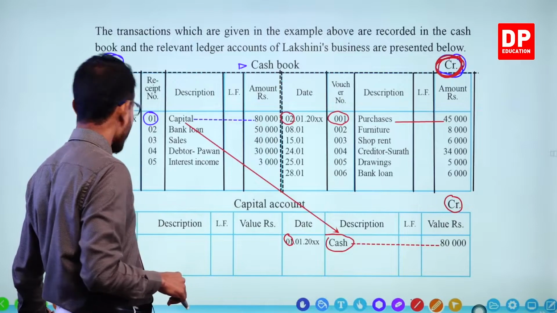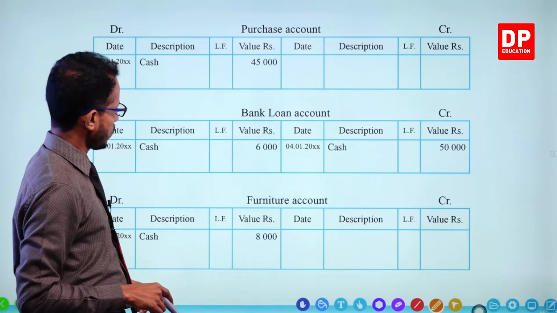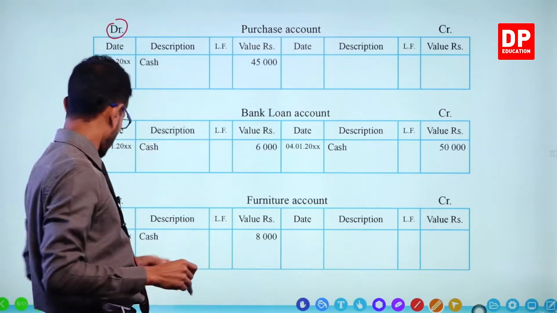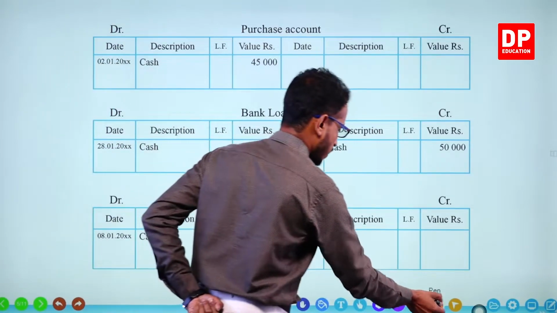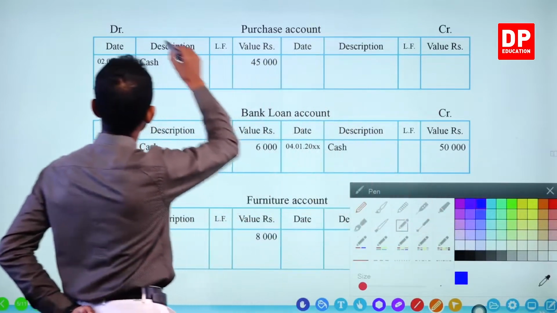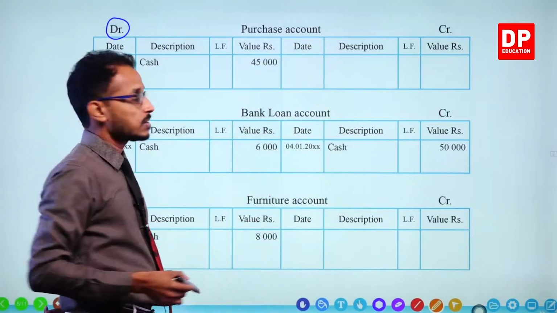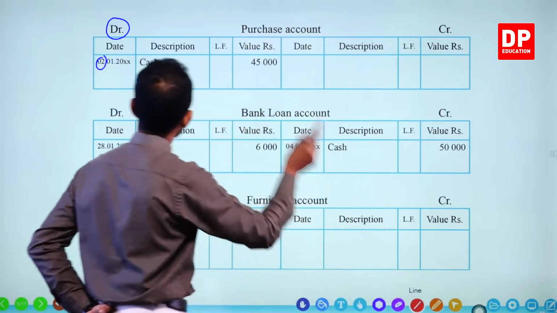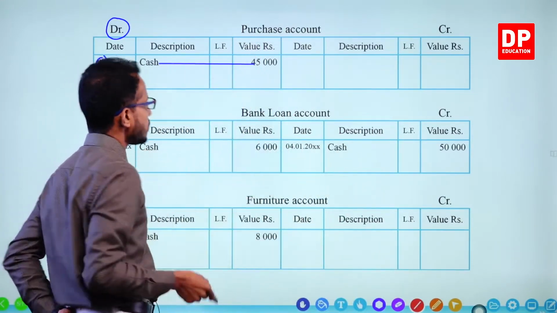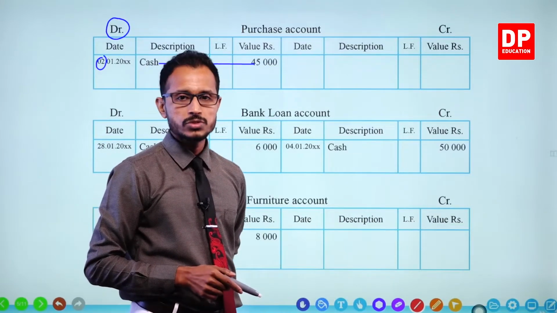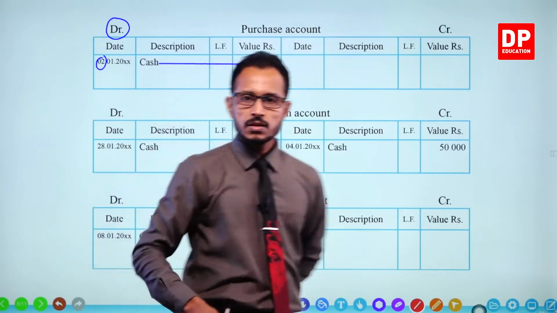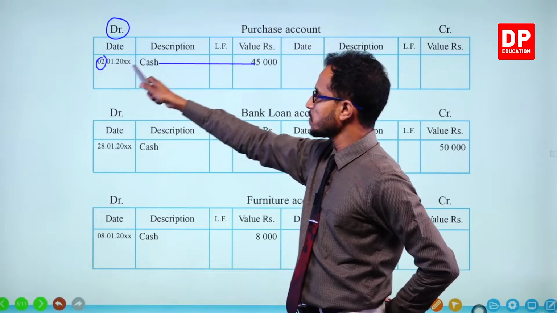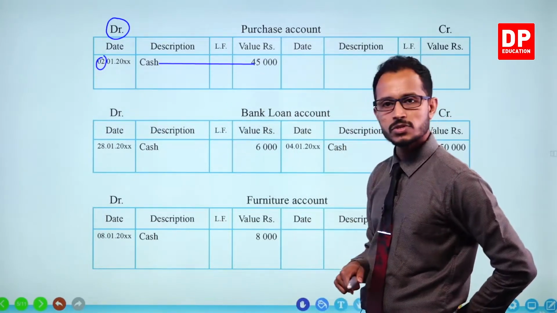Yeah. Let's find the purchases account. Where is the purchase? Yeah, it's debited. Correctly guessed, right? 2nd January, description is cash and it is debited with 45,000. Can you see it better now? 2nd January, cash 45,000 debited.